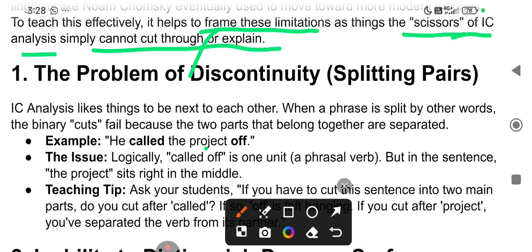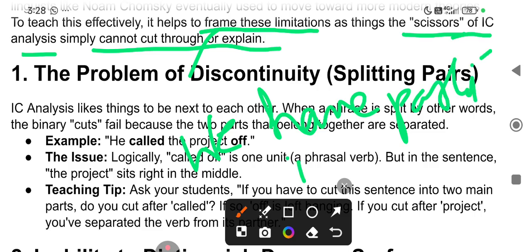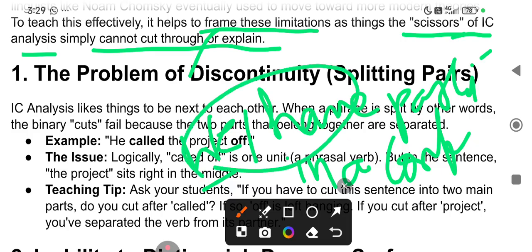A sentence like "we have participated in a conference" is not just cut into "we have," then "have," and so on.